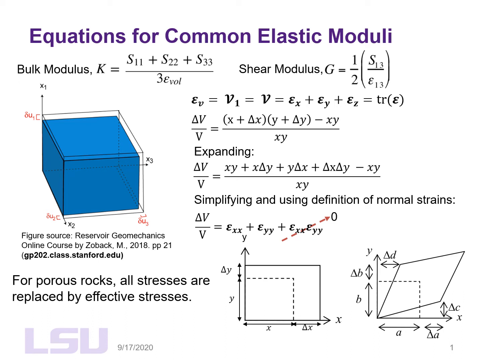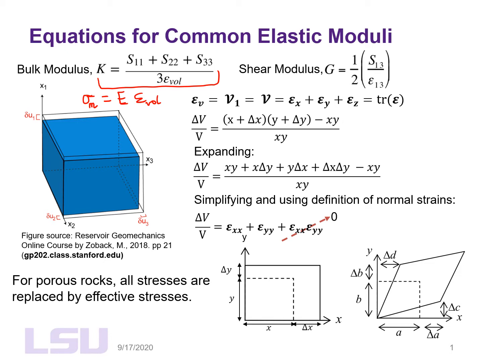Here I show the equation for bulk modulus, and you can see it's similar in form to Hooke's law. Hooke's law in 1D is this: Young modulus multiplied by a strain. But if you're looking at volumetric strain, you'll be looking at a mean stress.